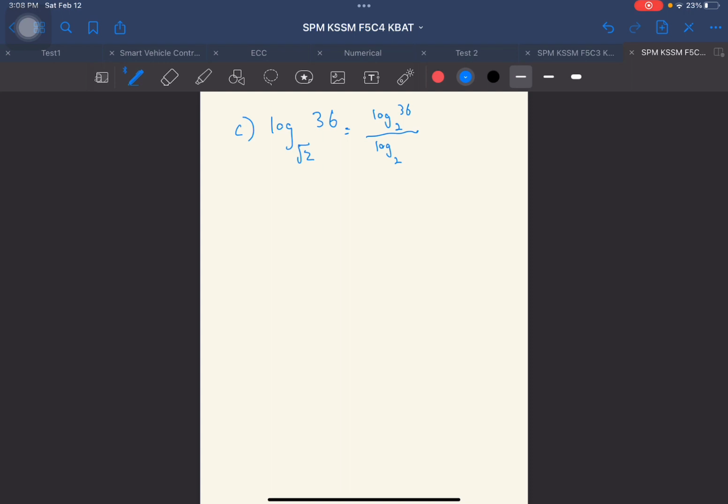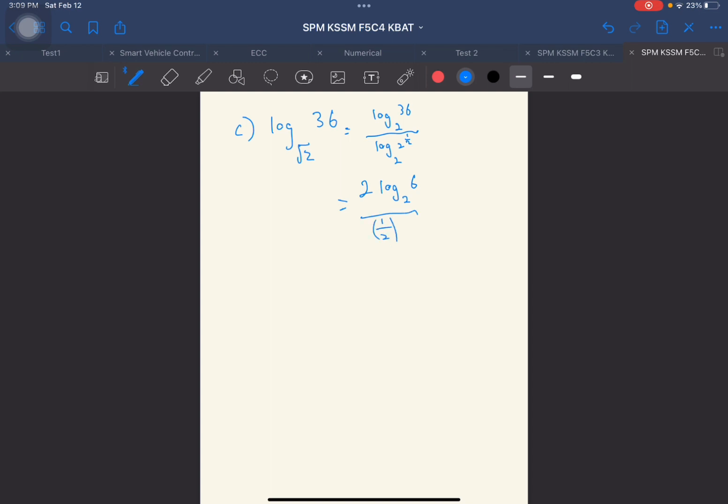Surd 2 is actually 2 to the power 1 over 2. Okay, so what is 36? 36 is 6 square, right? So 6 square, we know that we can take the square and pull it down, so this becomes log 2 to the power 6, and this 1 over 2.